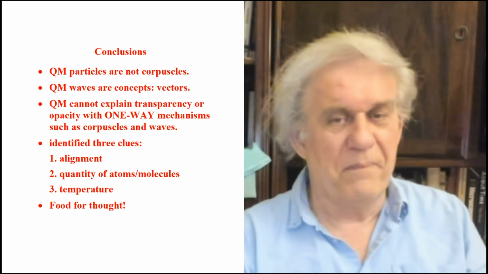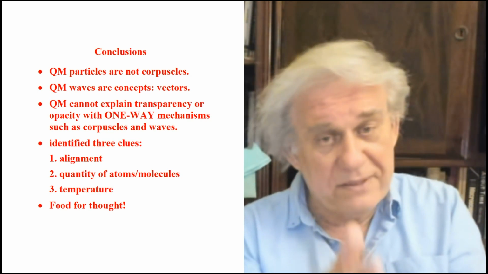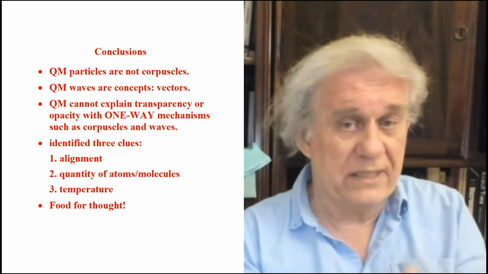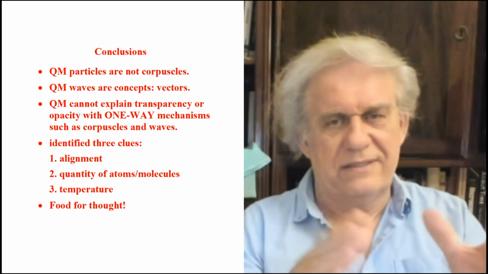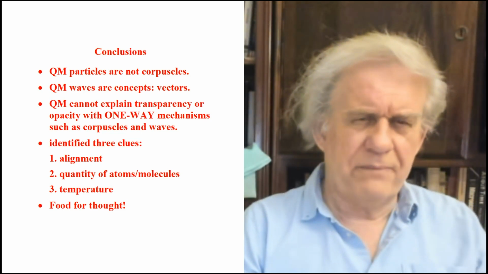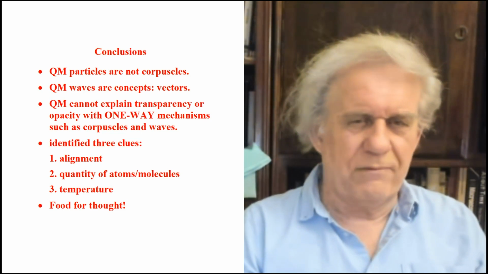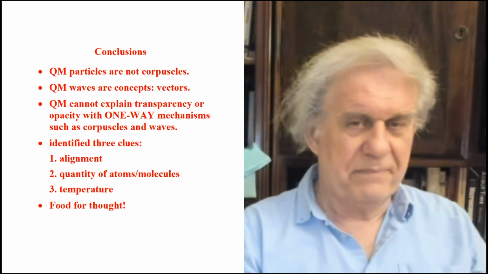And if you want to turn opaque into transparent, maybe you just got to make it thinner, right? Maybe you have to align it, and now it becomes transparent. A piece of cheese, you can take a block of cheese, well, it's probably opaque, okay? But if you make it thin enough, if you could make it 1 atom thin, maybe you could see through it. Could it be?